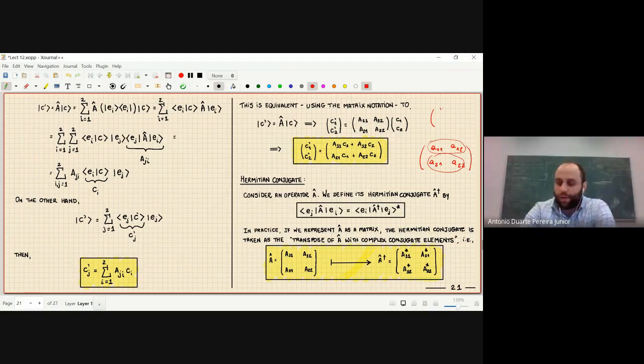So I have now a new matrix, which is A11, A21, A12, A22. This is what we call the transpose of this matrix. You see that I obtain the transpose of a matrix when I exchange rows and columns. So if I have the element in row 1 and column 1, if I exchange row and column, 1 by 1 is not affected, so it remains here.